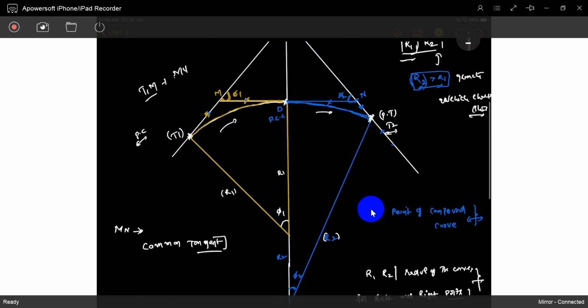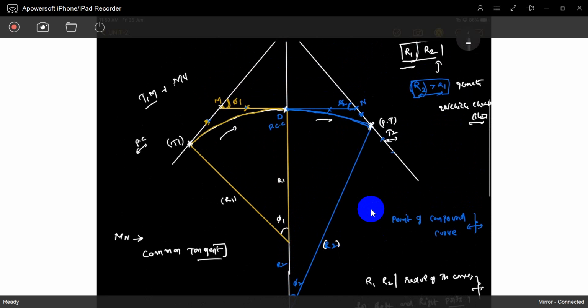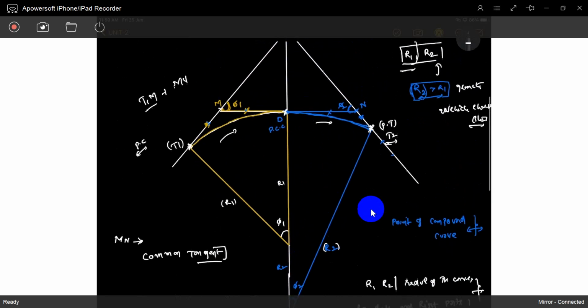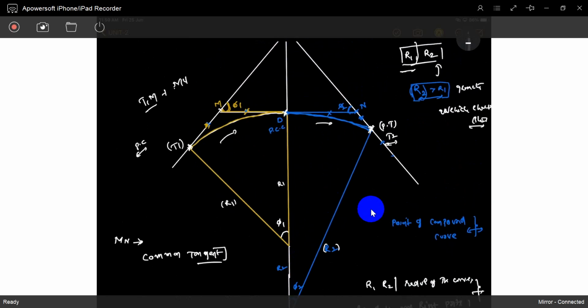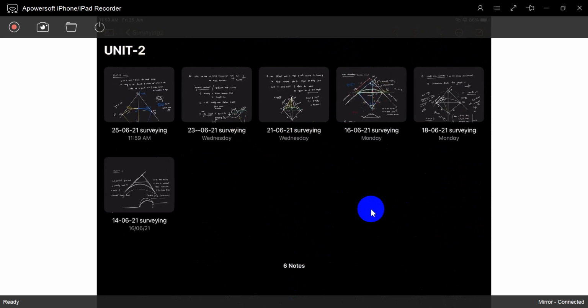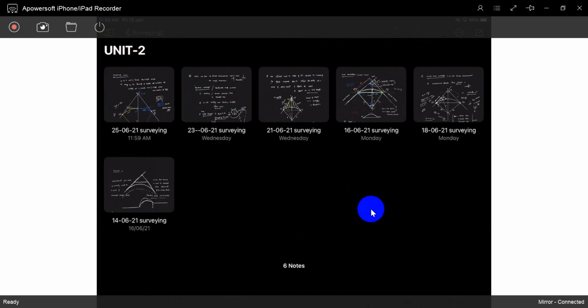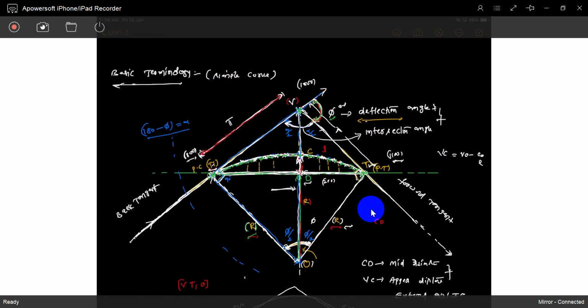You already know T1M is equal to MD. We already calculated it in a simple curve, just take only the left part. T1M is equal to MD. What is that value? We already took it as the first curve.